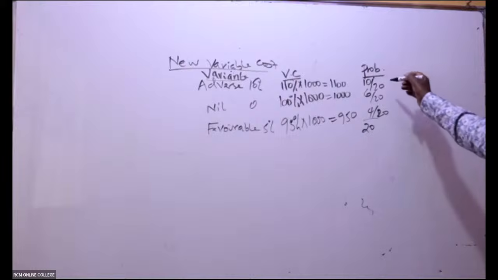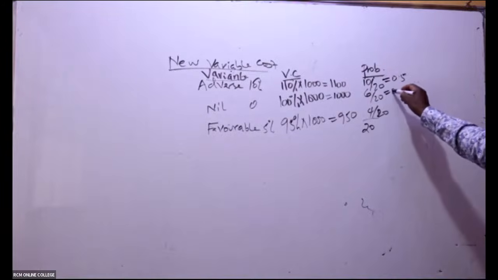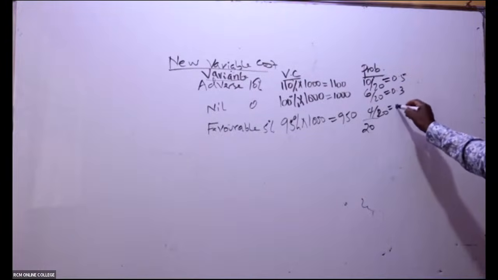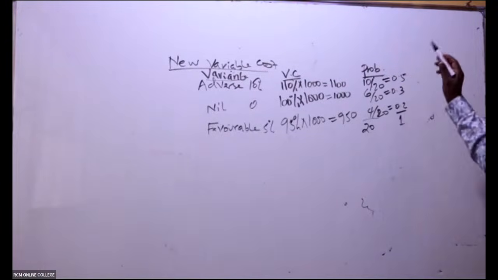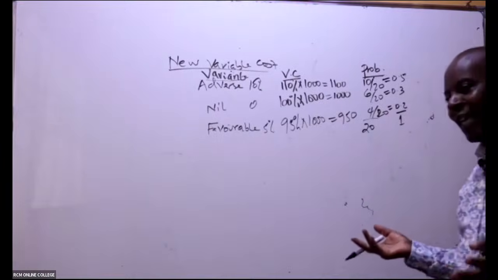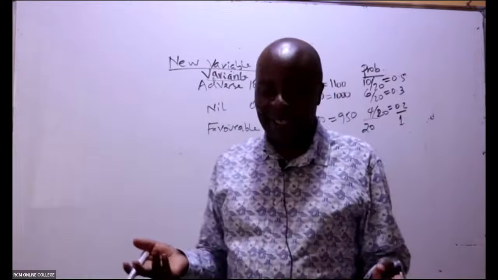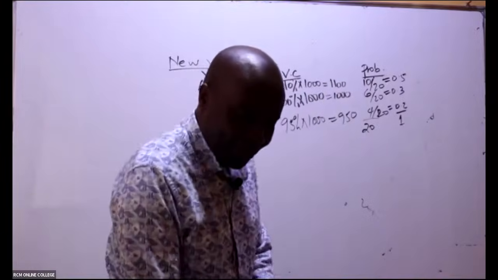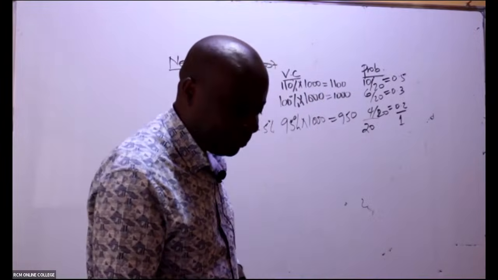So then can you kindly give me this? 10 over 20 is 0.5 in terms of probability. This will be 0.3. This will be 0.2, giving me 1. As usual, all probabilities shall add up to 1. So then can you kindly give me the expected variable cost?